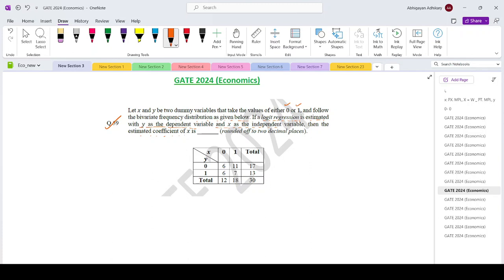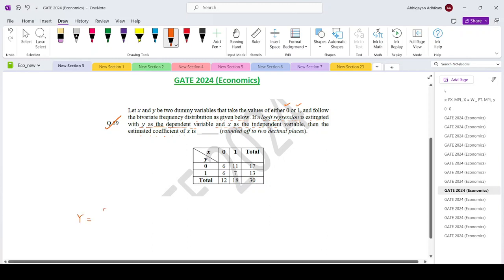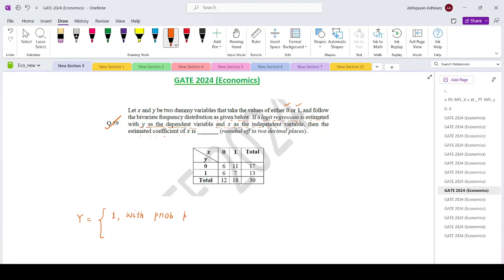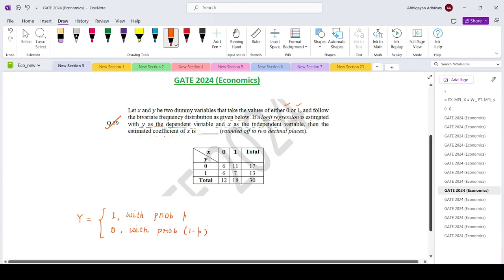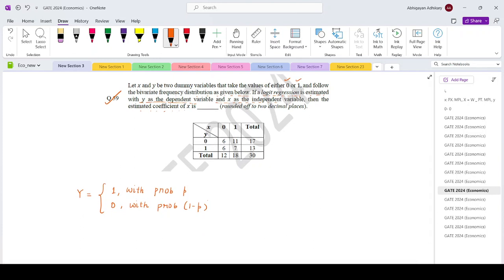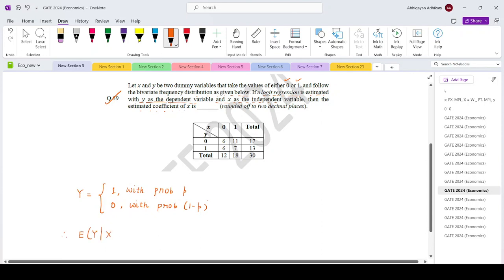So let us first write down what the logit regression looks like. Let us suppose that y takes only two values. It is a dependent variable. So y takes the value 1 with probability p, and it takes the value 0 with probability 1 minus p. And y depends upon x. That means the conditional expectation of y given x is nothing but p.